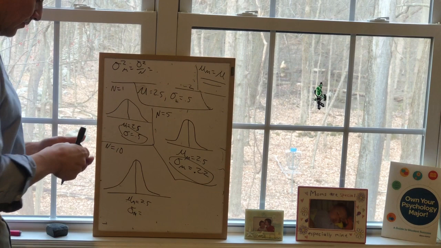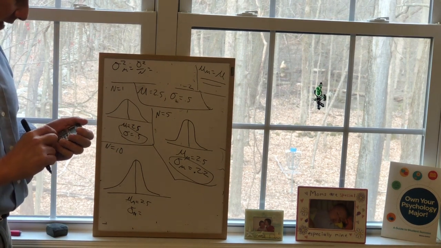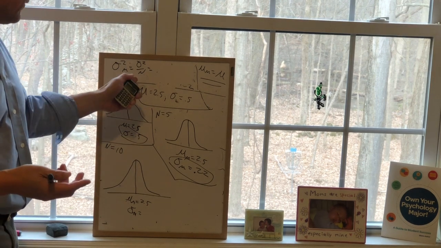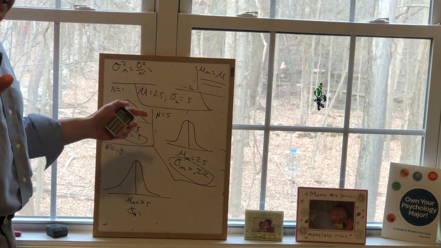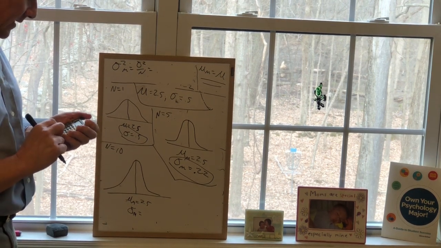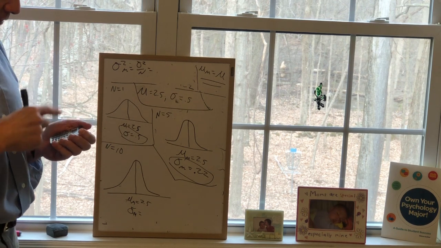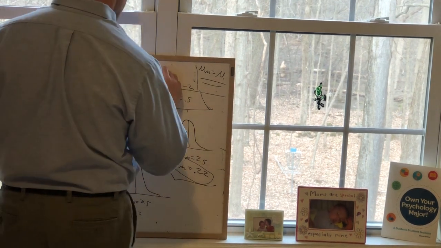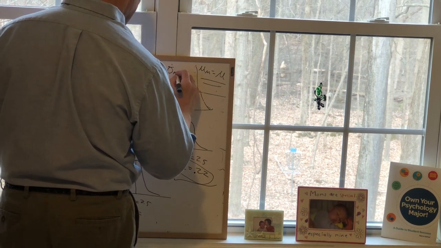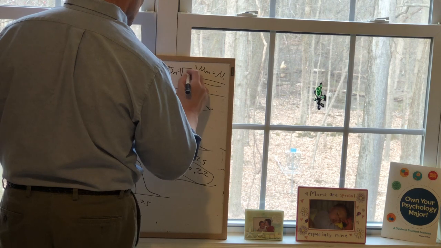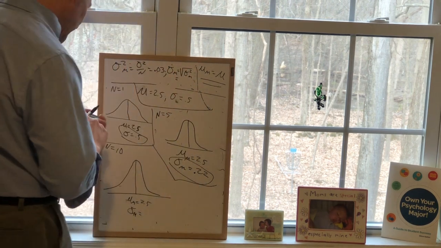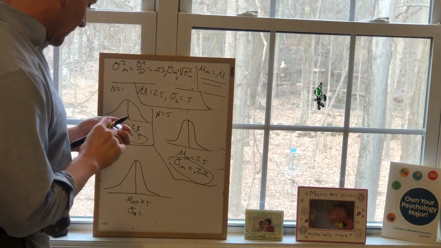Sigma is 0.5, so 0.5 squared, so 0.5 times 0.5 equals 0.25. Divided by n, remember n is now 10 in this example, so divided by 10 equals 0.025, or what I'm going to call 0.03. And then sigma sub m is the square root of sigma square sub m, the square root of 0.03, and that is 0.17.